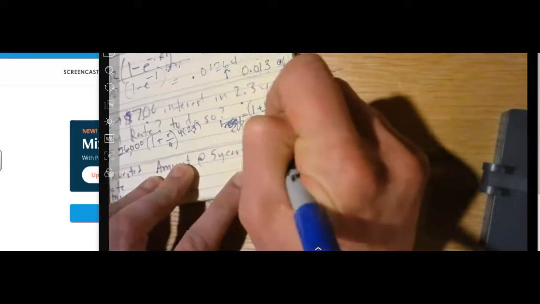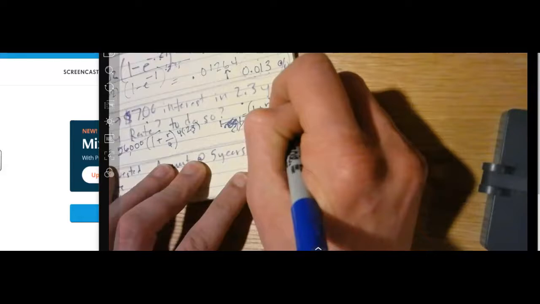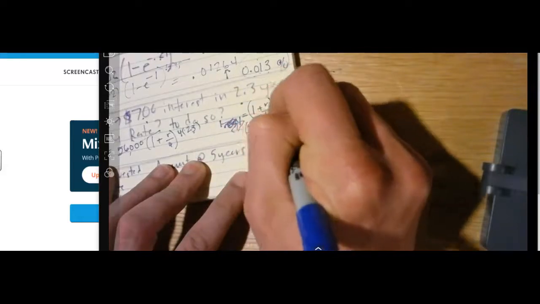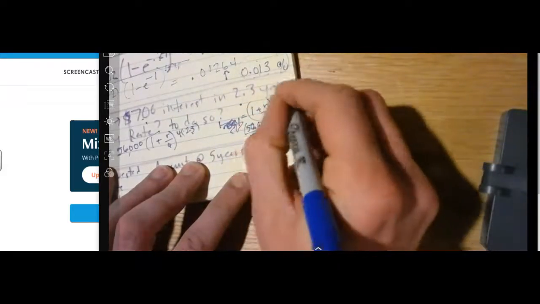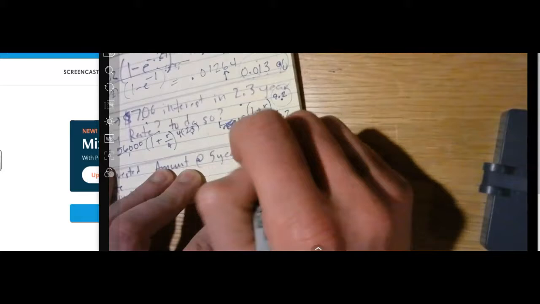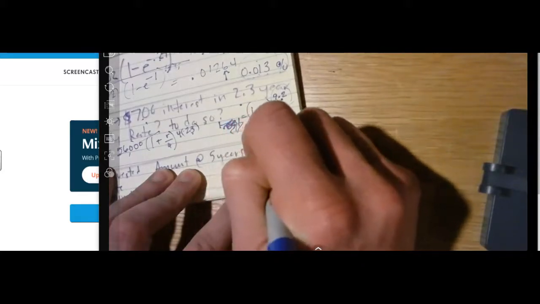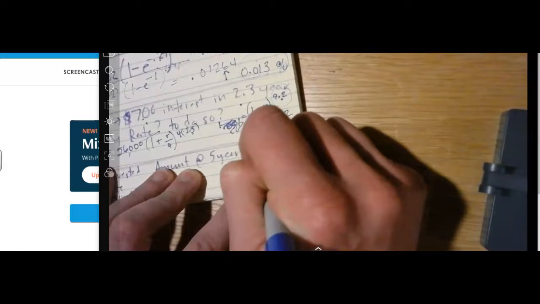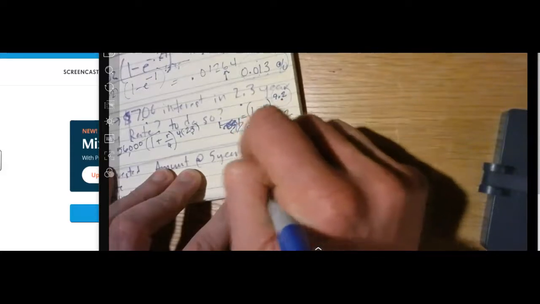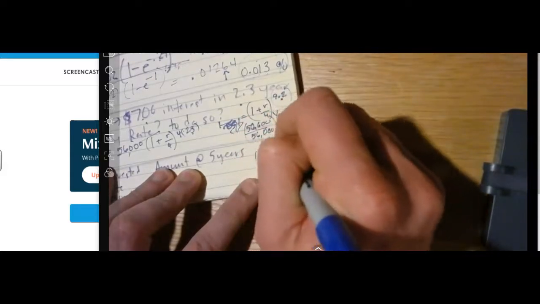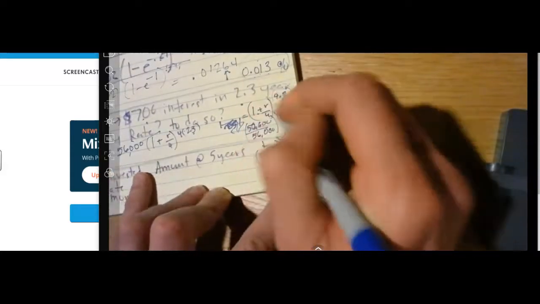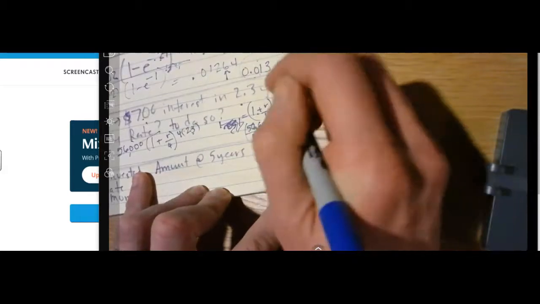Then we have to take both sides to the 1 over 9.2 power. That's the only way to get rid of this, okay? So we're going to have 56,700 over 56,000 raised to the 1 over 9.2 power, and then you have to subtract 1, okay?